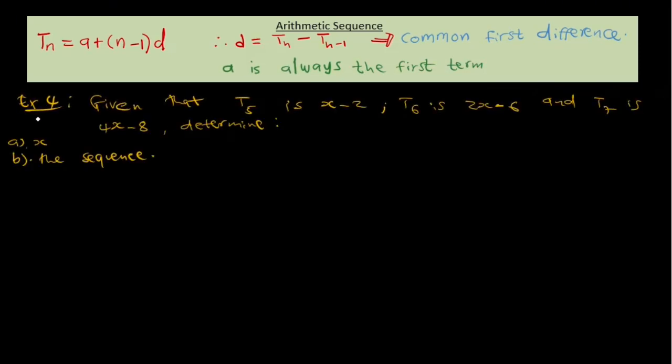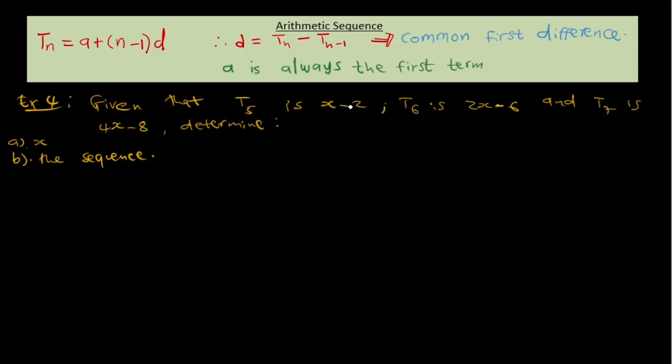This is the last question or example. Given that T5 is equal to x minus 2, T6 is equal to 2x minus 6, and T7 is equal to 4x minus 8. So this is what you need to understand.